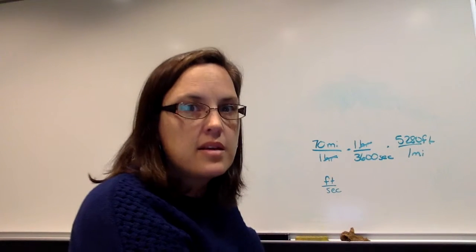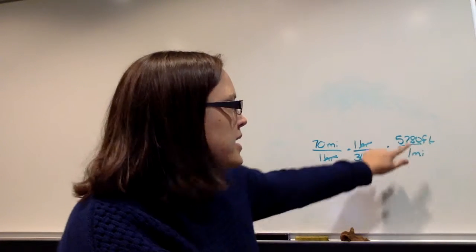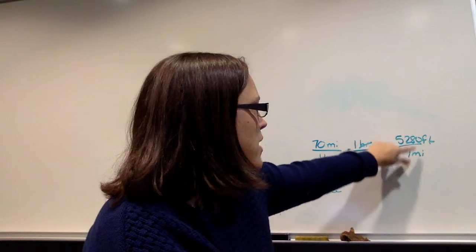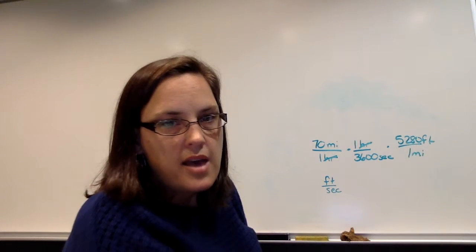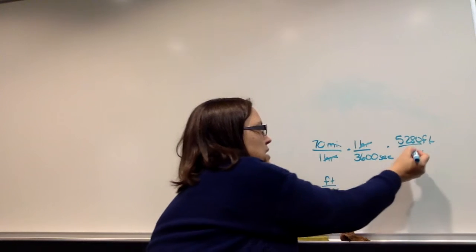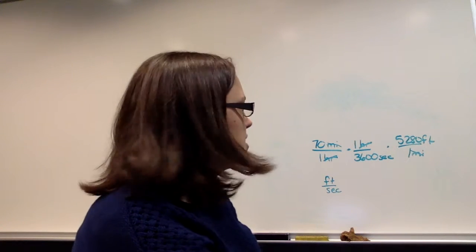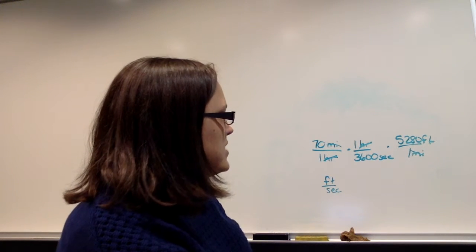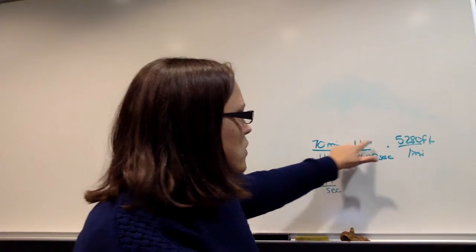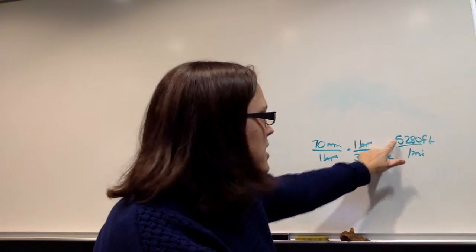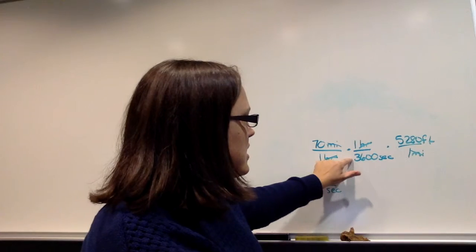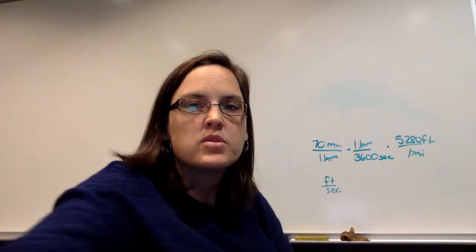And you might ask yourself right now, why did I put feet over mile instead of miles over feet? And if you said it's because you want to cancel that out, then that's the correct answer. What we have left here is 70 times 1 times 5,280 divided by 1 times 3,600 times 1.